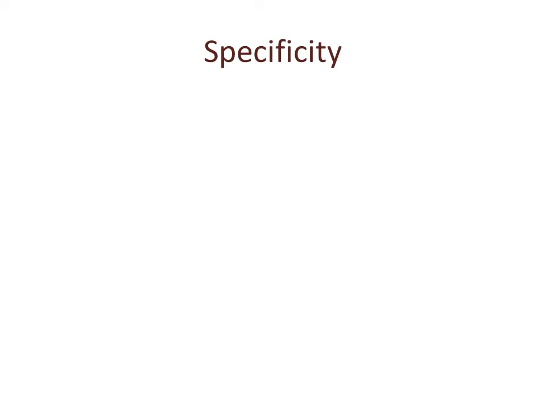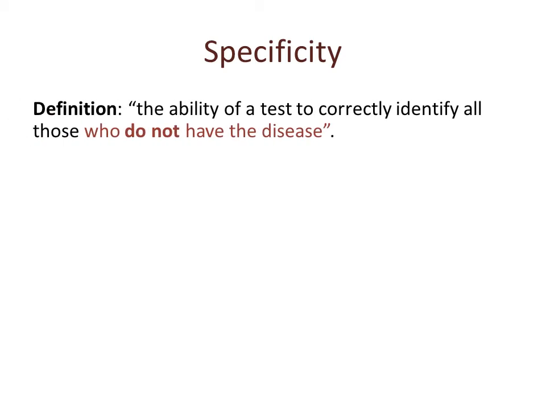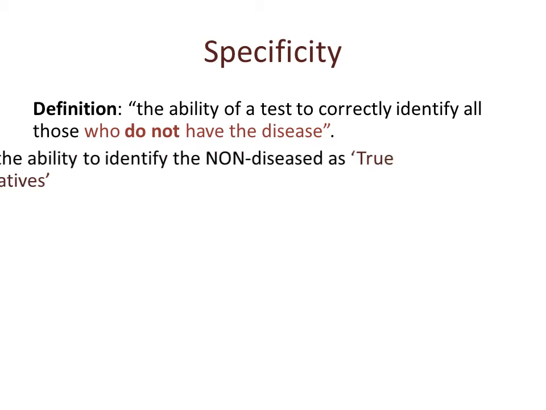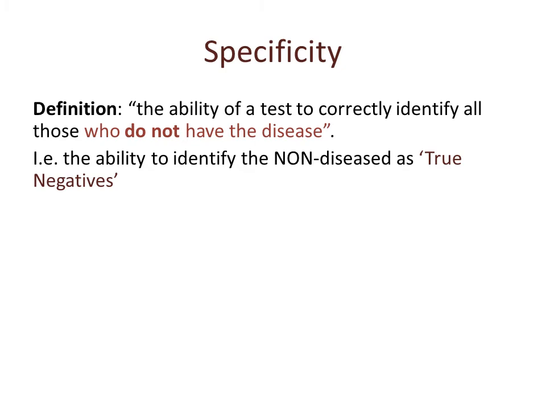The second measure of the screening test is specificity. The definition of specificity is the ability of a test to correctly identify all those who do not have the disease. That is, the test is specific to the disease. If disease is not there, the test will not turn positive. In other words, the ability of the test to identify non-diseased as true negatives.